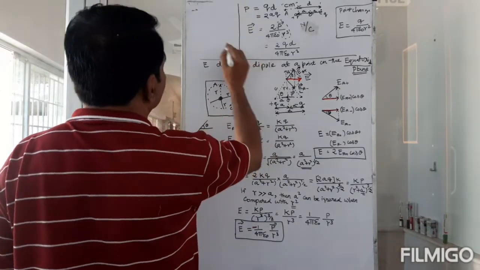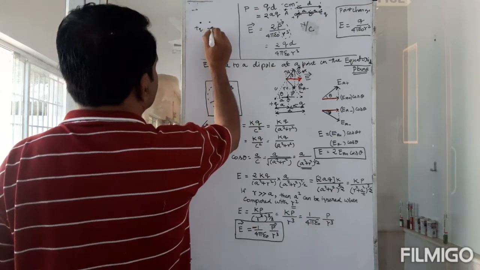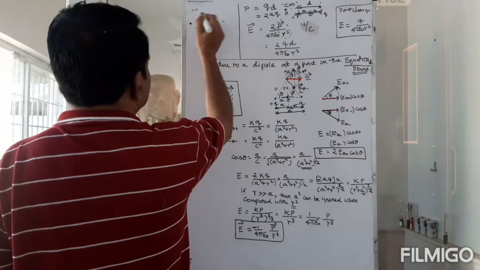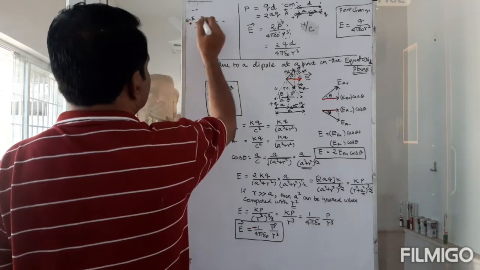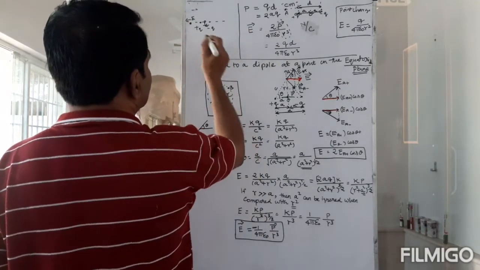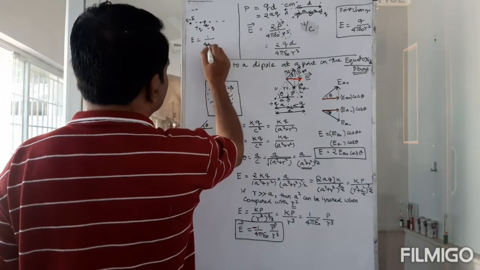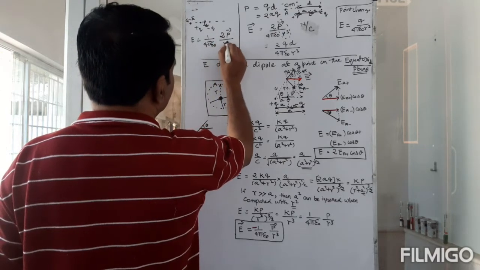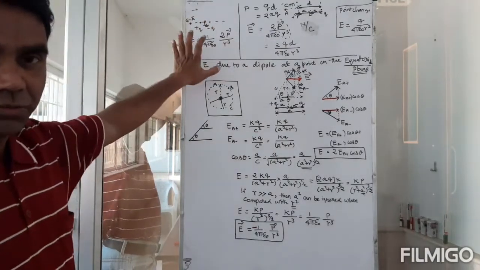In the previous video, we said if you have a dipole here, plus Q, then minus Q, and if you take a point along the axis either here or here, then E here was in the same direction as P. The magnitude of this E was 1 by 4 pi epsilon naught into 2P by R cube. So this is what we did in the previous video.